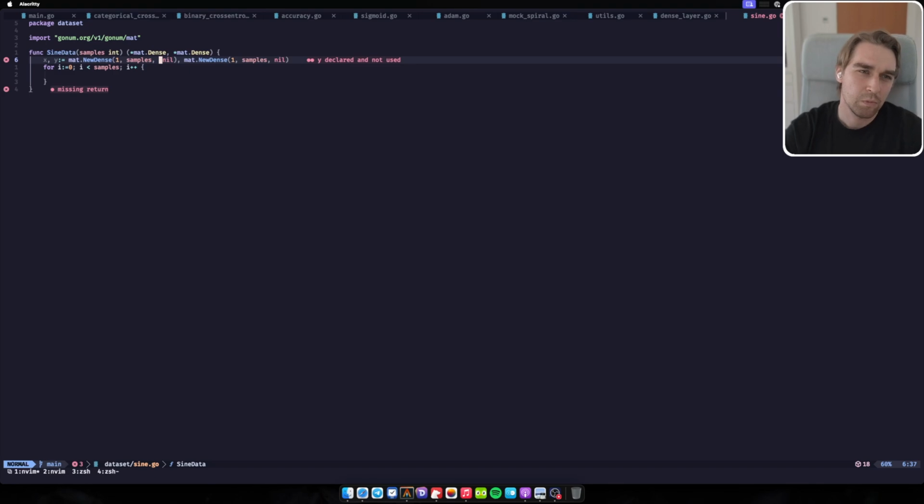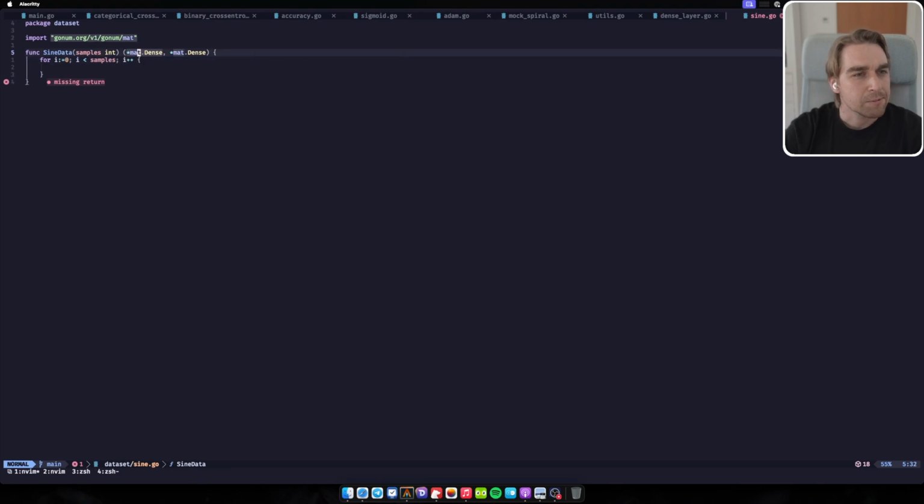Maybe I should be consistent here and just return two slices. How are the arrays called in Go? Slices? Yes, two slices. Make, so the type is float64 and they have samples length. And again the same, float64 and samples.